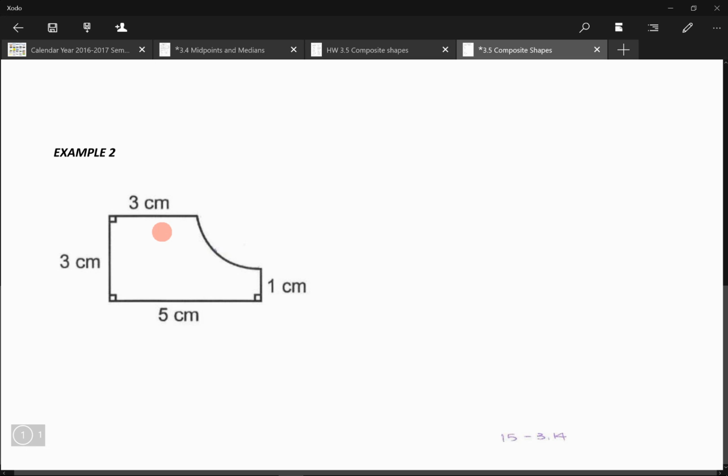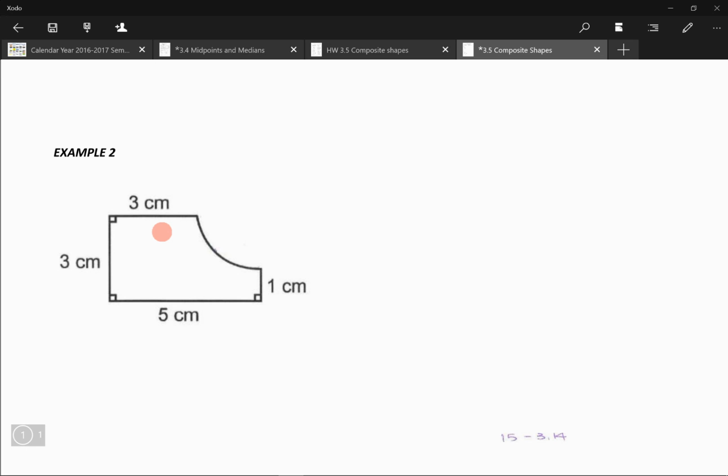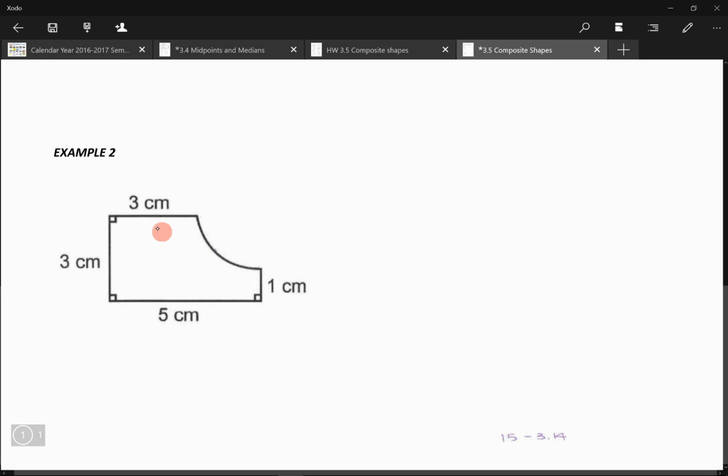So I'm gonna make an assumption here, okay? And I'm gonna say that this arc is 1/4 of a circle. So if you notice, if I make an L shape here, this could represent 1/4 of a circle.